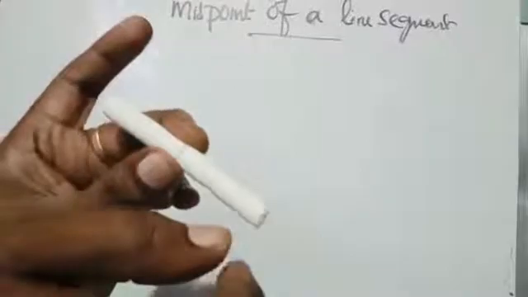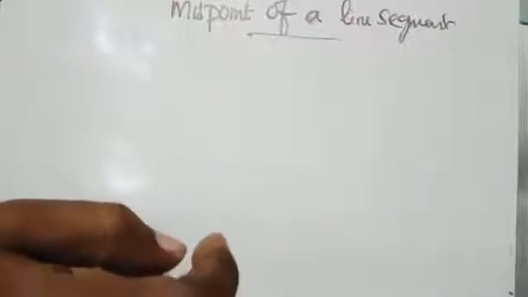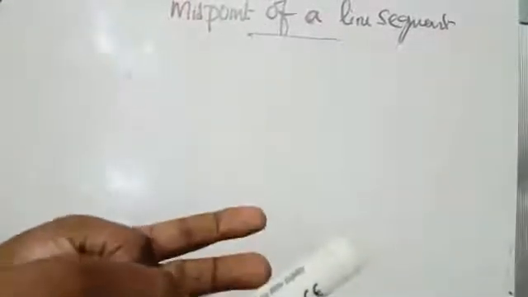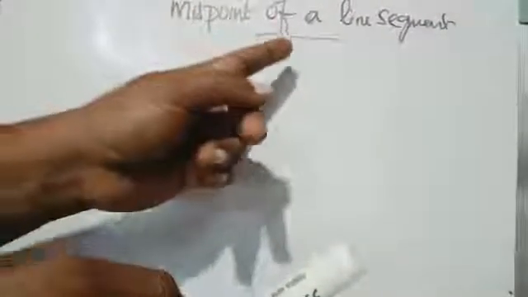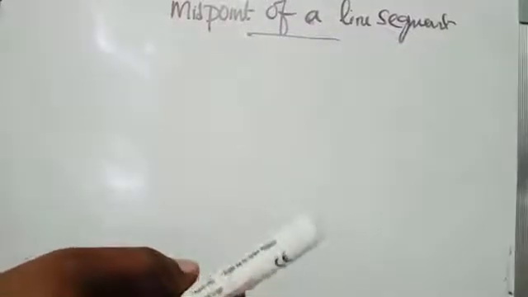For that we need a ruler, but we can divide the same line segment into two equal parts, or we can bisect. The word bisect we use here. We can bisect a line segment into two parts. Bisect means dividing into two equal parts. We can use a formula.